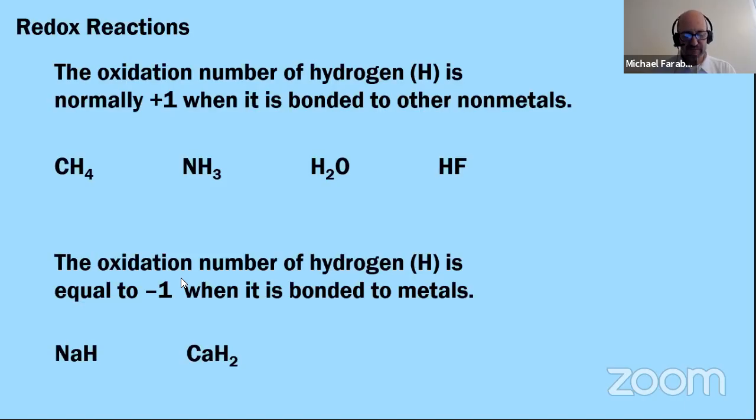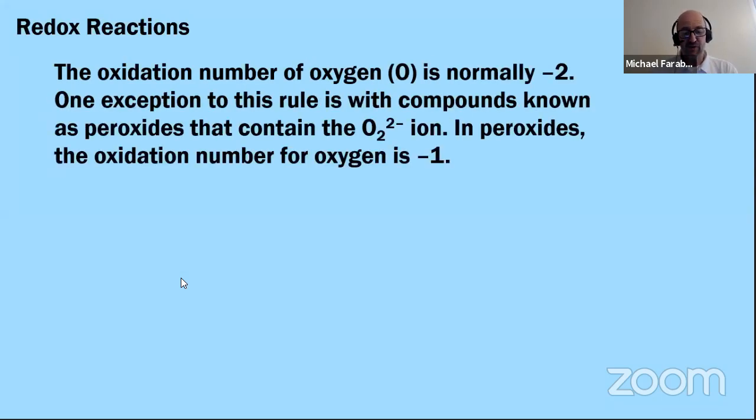So in general, hydrogen is usually +1. In general, oxygen is usually -2, except for that weird example I showed you earlier where oxygen was +2 because it was bonded to fluorine. Here's another weird example, right here.